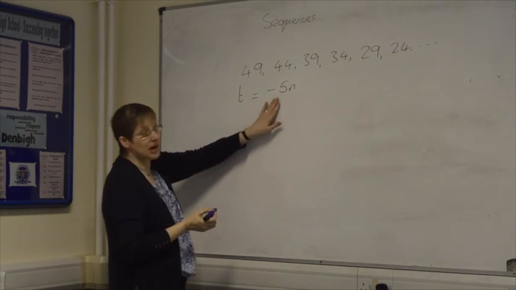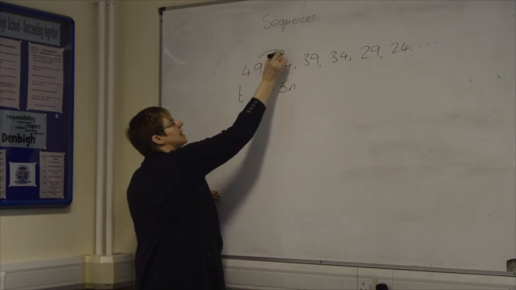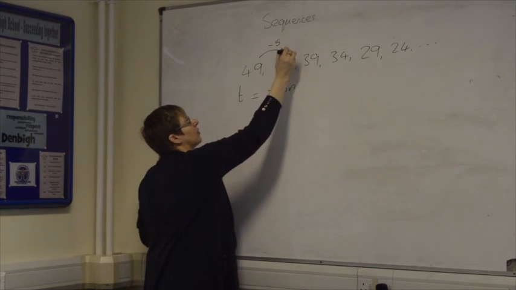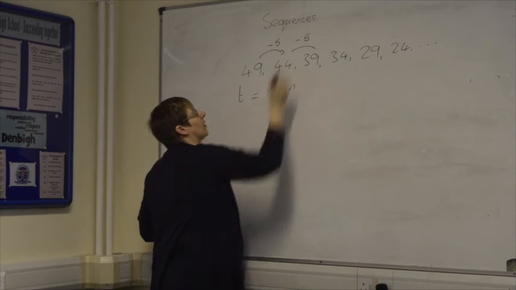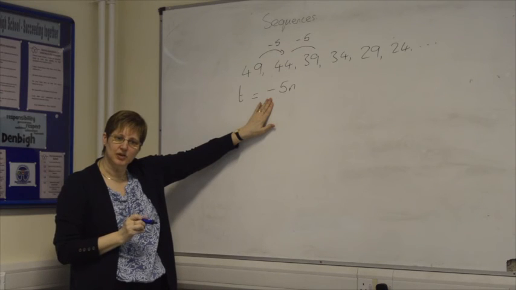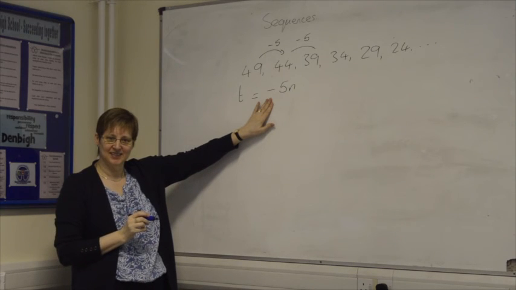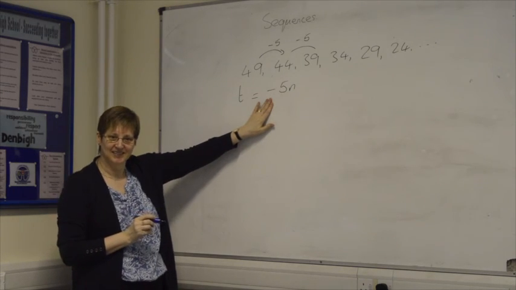Ah, interesting. Minus 5n, definitely, because what's happening is we go from there to there, we're subtracting 5, so I definitely agree with that. But where does your minus 5 times table start, if indeed there was such a thing? What would be the first number in your minus 5 times table? Minus 1. Would it?